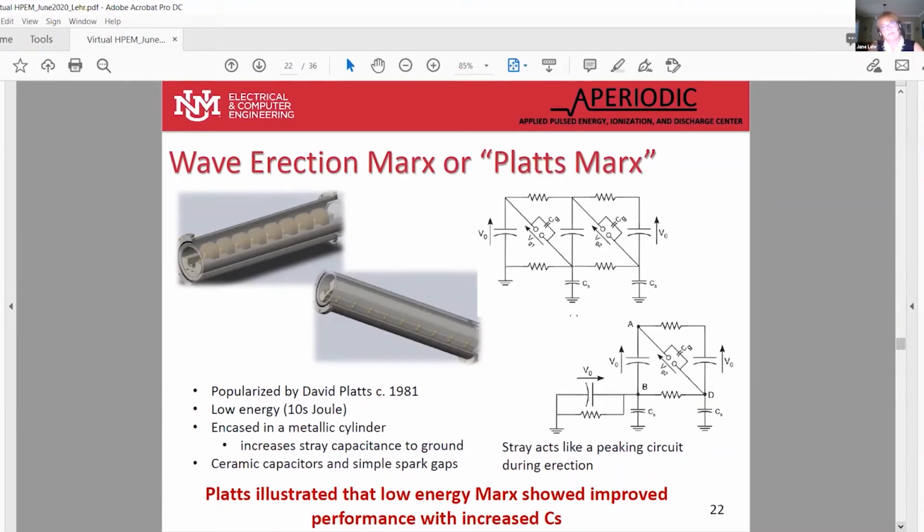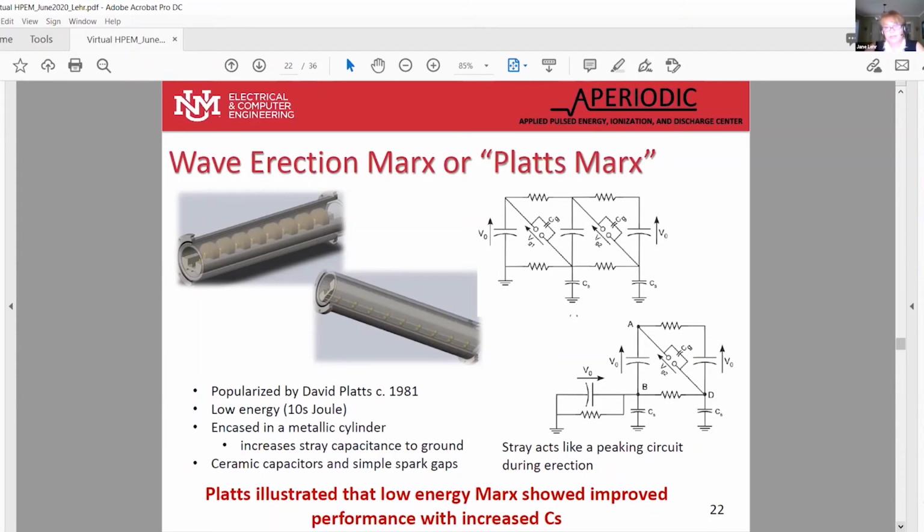Some are shown, with mechanical schematics. They're low energy, maybe 2 nanofarads per stage, with spherical spark gaps. You can make them in house, and they can work very well. They can also be very fast. Kekez did a beautiful job of illustrating that, with hundreds of picoseconds rise time at 200 kV.